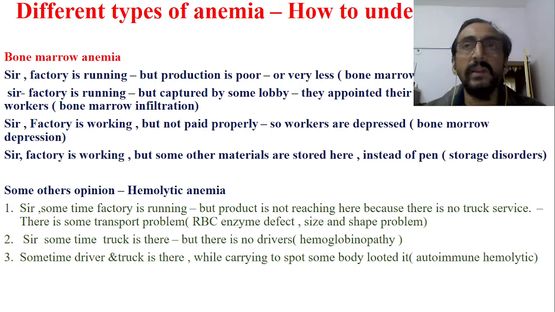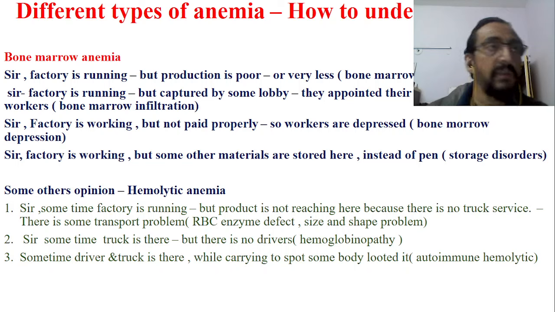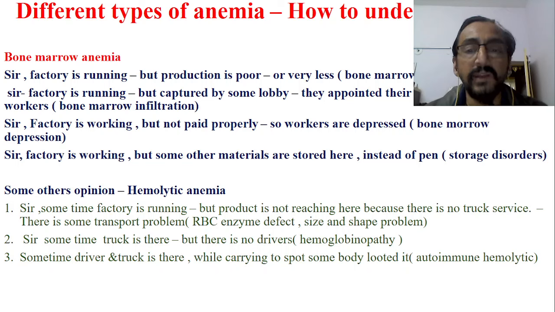So it should be understood as some transport problem. RBCs are normally produced from the bone marrow, but they are not reaching the target area. It may be because of an RBC enzyme defect, or because of the size of the RBC, or because of the shape of the RBC. They are not able to reach the site, like circulation or cells.